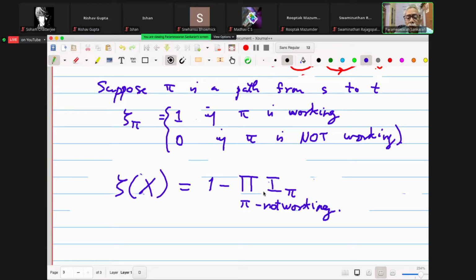So in other words, you want to think of it like this: you have a network, and you want this to be equal to 1 if there is a path, if X is working. So let me just say that here. What is this?